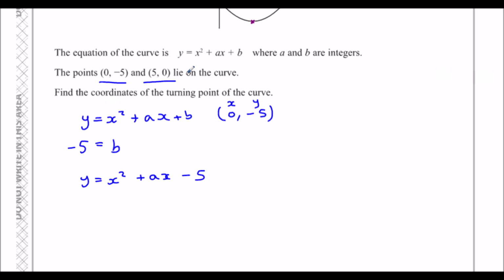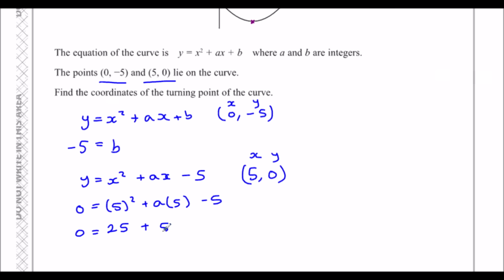And if we substitute in (5, 0) now, so x is 5 and y is 0, we should be able to work out a. So we've got 0 equals 5 squared plus a times 5, take away 5. So 0 equals 25 plus 5a minus 5.